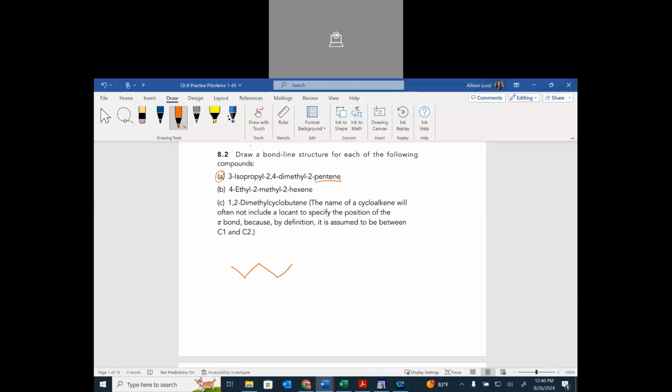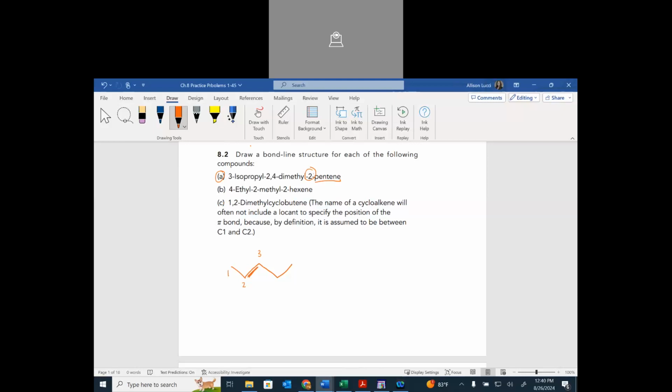All right, and remember we always do that zigzag approach when we're drawing carbons in a chain. We're also told that it's a 2-pentene, so I know to put my double bond between carbon 2 and 3. So I'm going to put that double bond right here. So we have a 2-pentene so far.